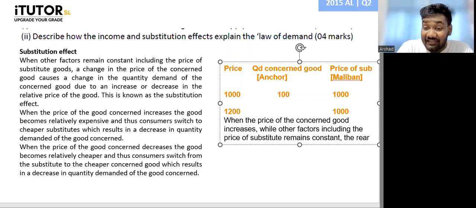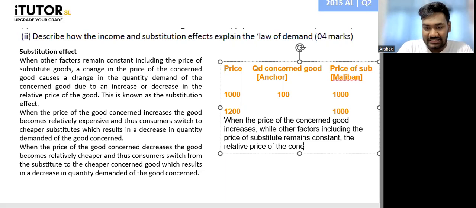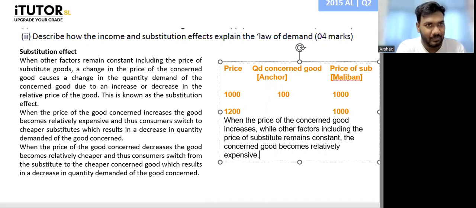The relative price of the concerned good becomes relatively expensive. Is that part clear?